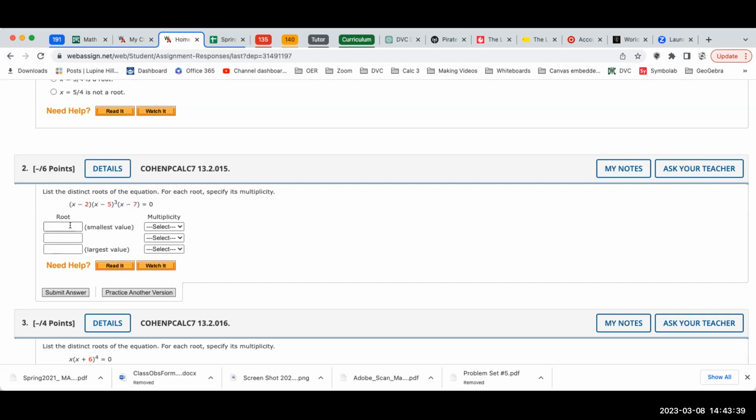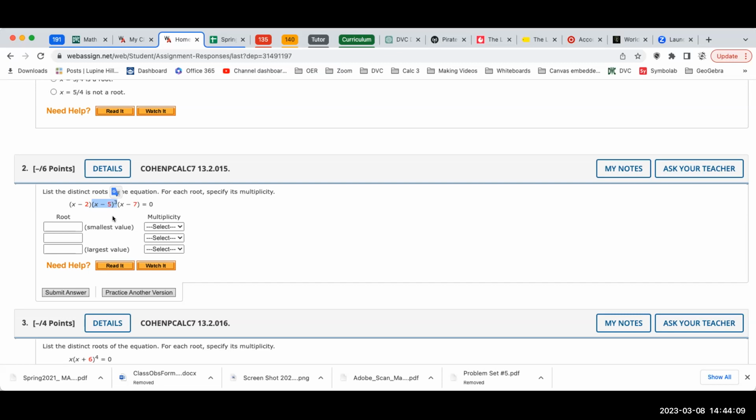Which ones are the roots? Write the smallest one to the biggest one. But then it also says, what's the multiplicity of the 0? Let me remind you what that's about. For example, what makes this equal to 0? 5. What's the multiplicity of that 0? 3, because that x minus 5 is cubed, correct?